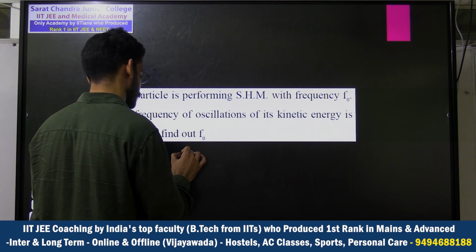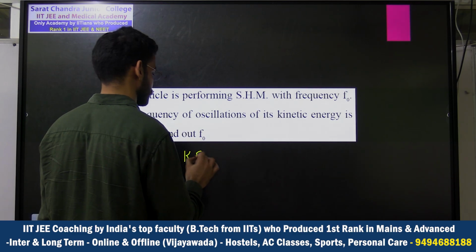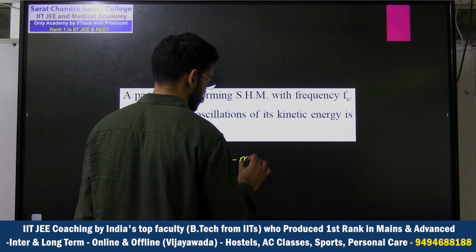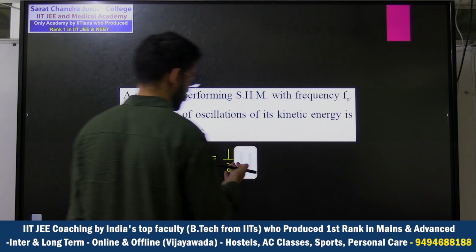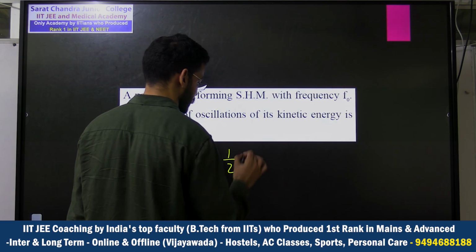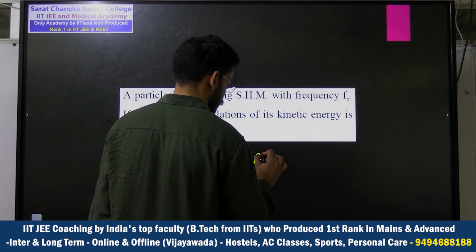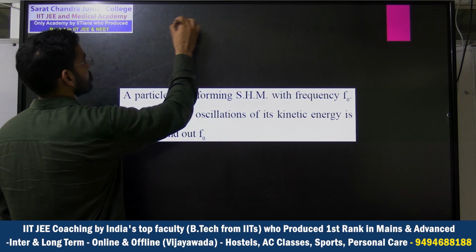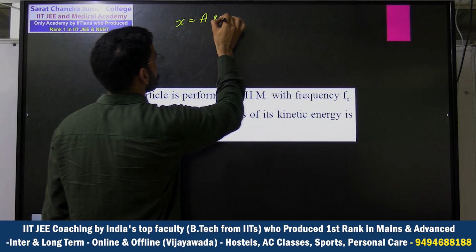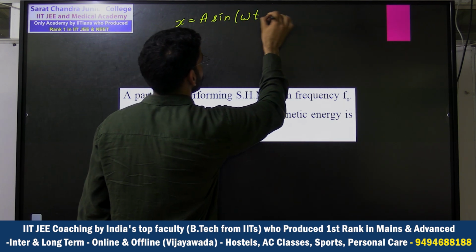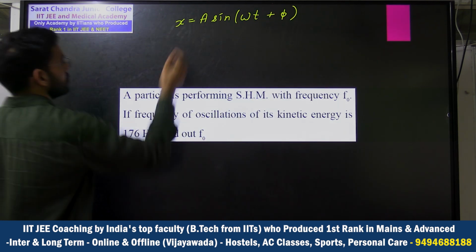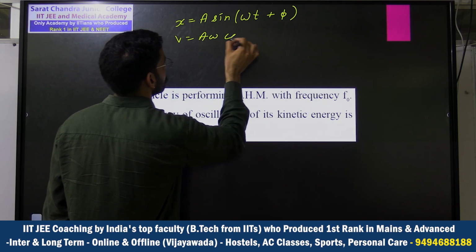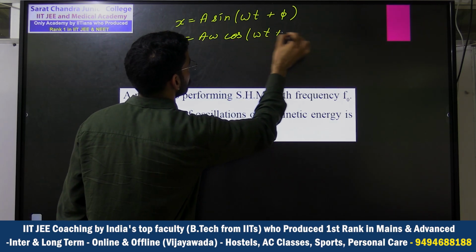If you check the kinetic energy, what you write down is half mv square, or you can say kinetic energy is half k a square. If you take x equals a sin(omega t plus phi), then v is a omega cos(omega t plus phi).